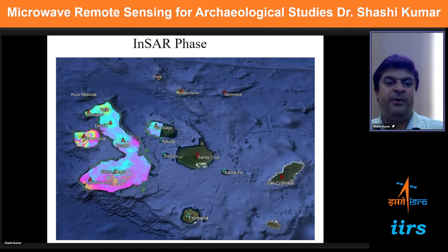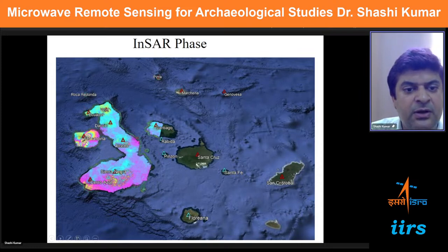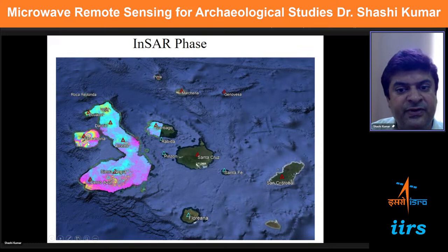When SAR interferometry was done, you can see that the interferogram could be easily seen based on the change in the phases, or interferometric phases. And you can see that there are several islands in this archipelago.